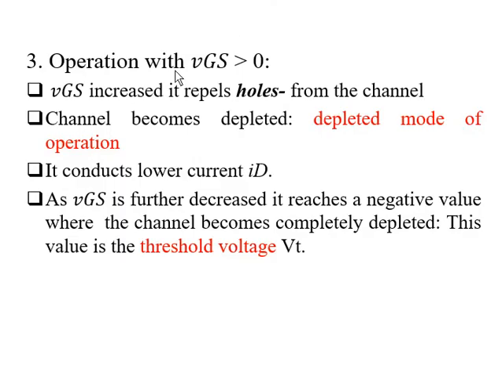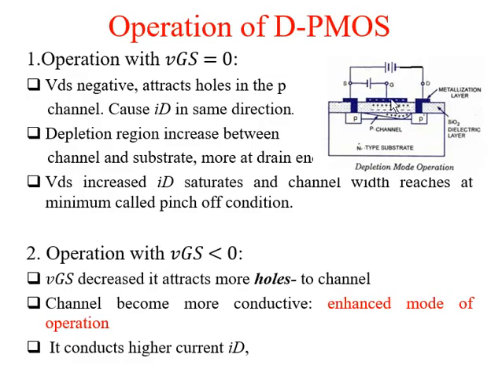Next we can see when VGS is greater than 0. If we apply a positive voltage near the gate region, this positive charge will attract electrons towards the channel, and it will repel the holes present in the channel. The channel will become depleted of majority carriers, which means the channel strength is reduced, and thereby the current is also reduced.